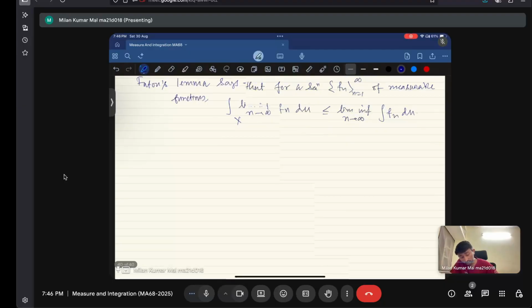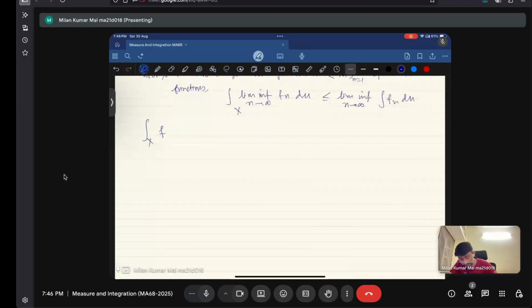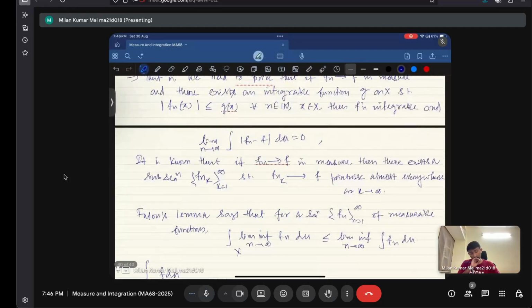This is what it is. Now I have to prove that f is integrable.